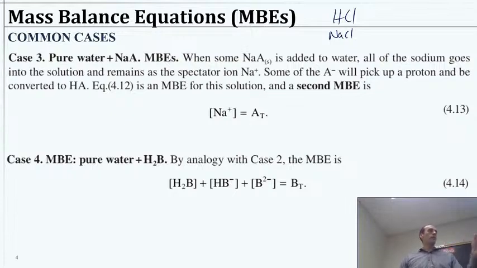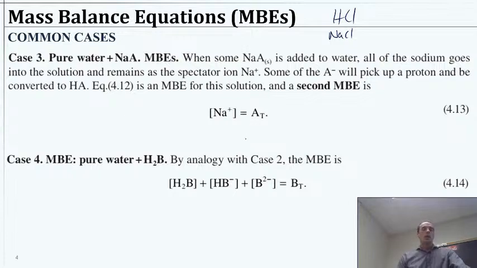If this is the only source of our A, say chloride or sulfate or something, then the total amount of sodium in solution, in this example, is going to be equal to the total amount of acid, because that's the only form we added it in. There's no other sources for our acid aside from what was connected to the Na. So that's the assumption here, and so one of the mass balances is the sodium is equal to A total.